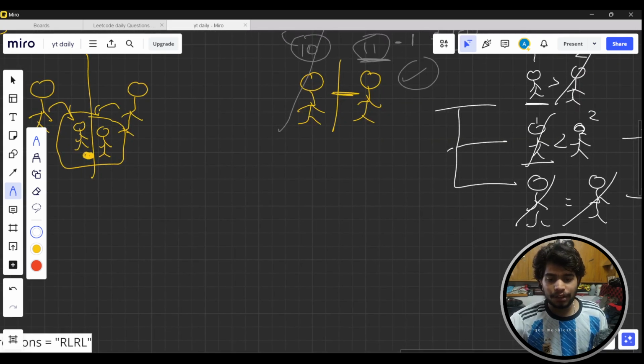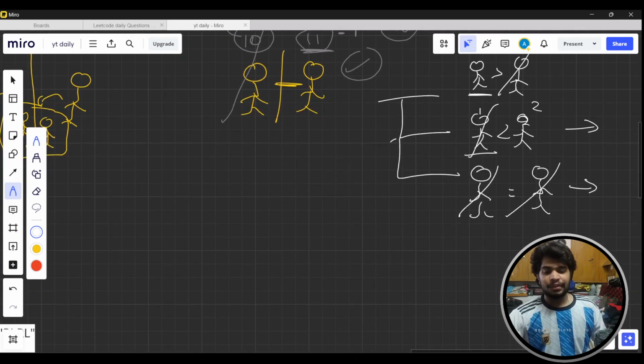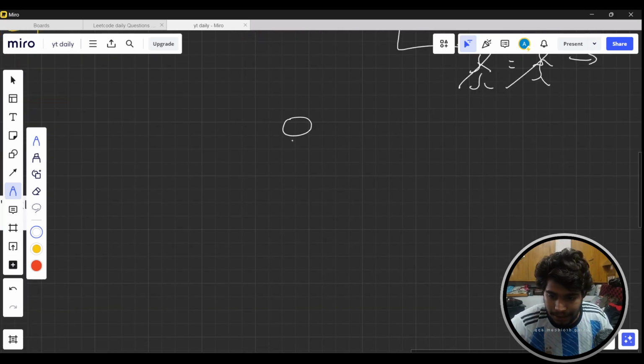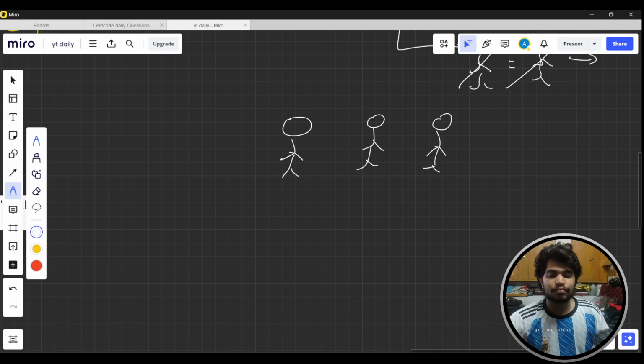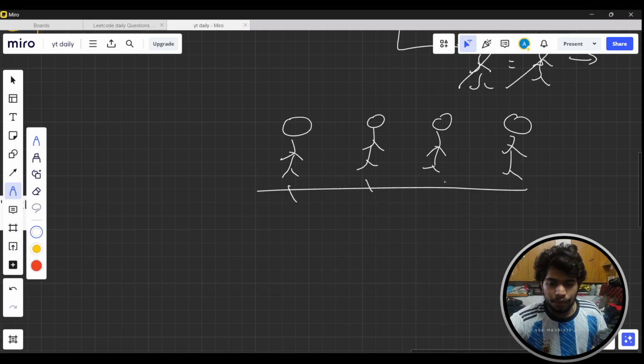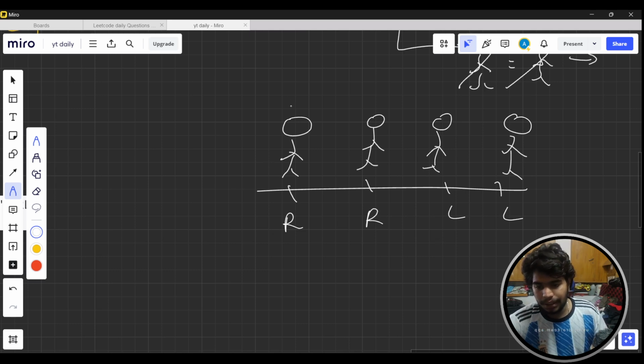Now, after every collision, let's take an example. I have four robots, and each one is moving in a different direction. Let's say it is moving right, right, left, left, and each will have its own health.